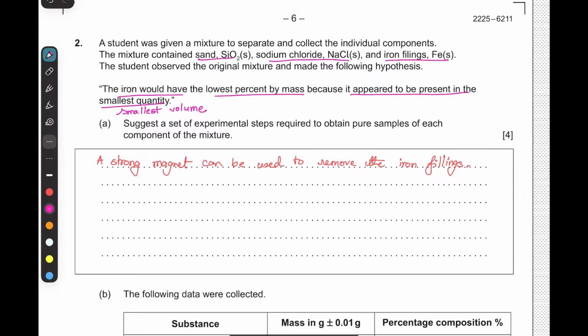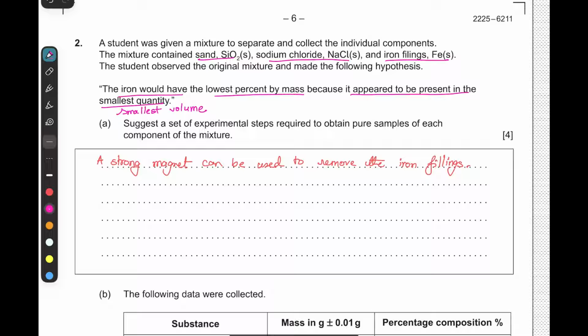What happens? Clearly, sodium chloride will get dissolved in water, sand won't. Then we can just use a filter paper to separate the salt solution and sand. Then we can dry the sand to remove the water. Done, you got sand, and then we can boil off the water and we'll obtain the salt.